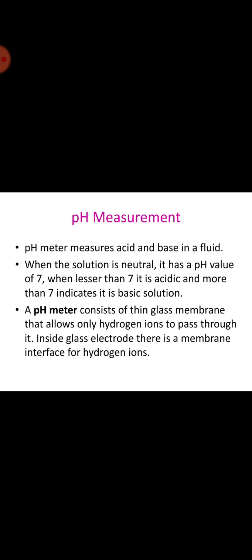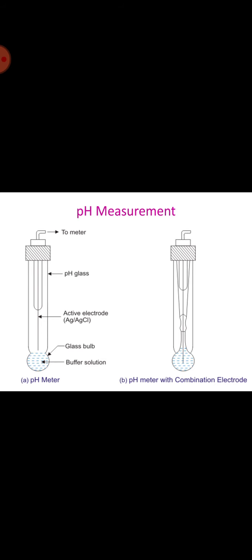The measurement of blood pH can be done using electrodes, and a pH meter consists of a thin glass membrane that allows only hydrogen ions to pass through it. So inside the glass electrode there is a membrane interface for hydrogen ions. Here a pair of electrodes will be used which are both immersed in solution.